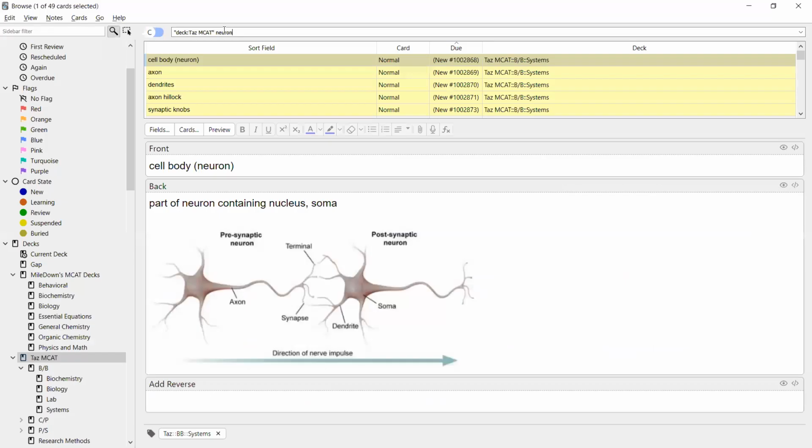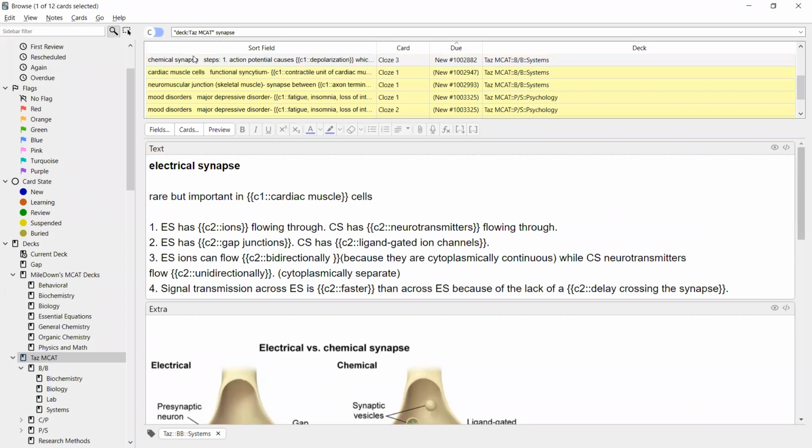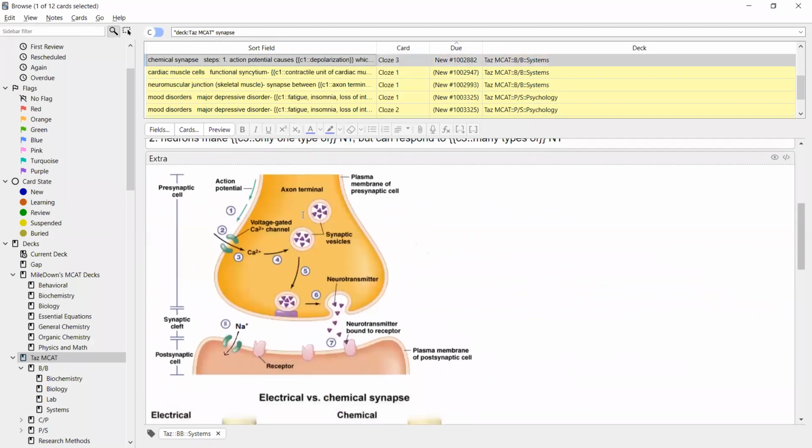So what does that look like? Here's a presynaptic cell. Here's the cleft where there's just space, and then the postsynaptic cell.